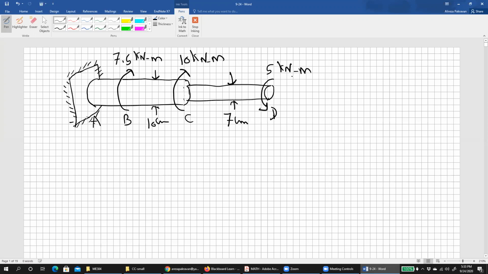So we are asked to find the maximum shear stress in the shaft.